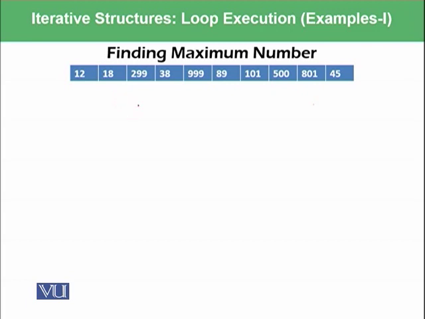So the first procedure could be, as our minds did, that we have a maximum number, max, and we assign the first number in the list to the max value.